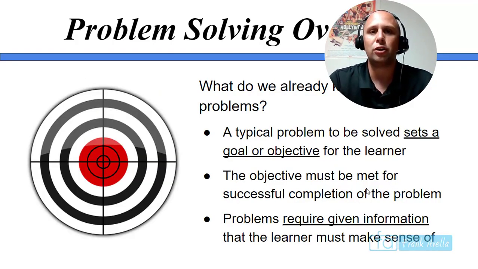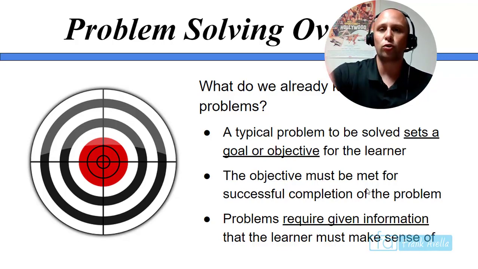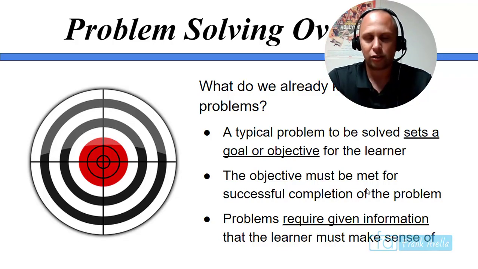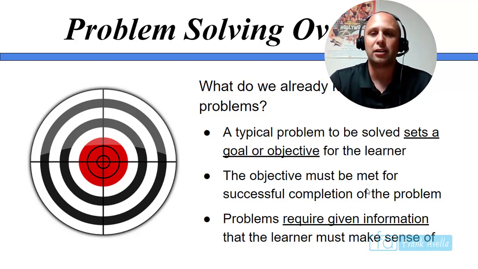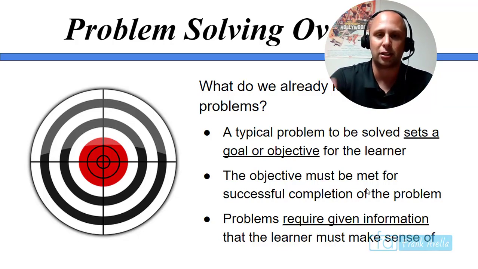So, what do we already know about problems? Well, a typical problem to be solved sets a goal or objective for the learner. Okay, so again, we're just on the overview of problem solving, right? So there must be something that we have to do. The objective must be met for successful completion of the problem.